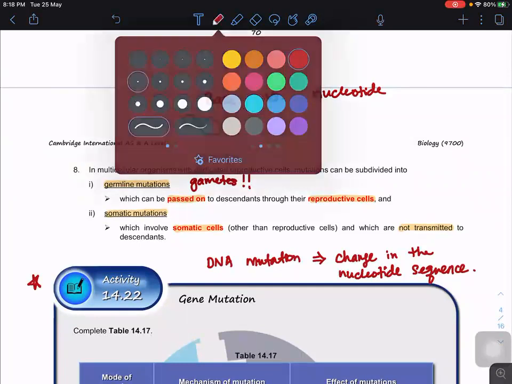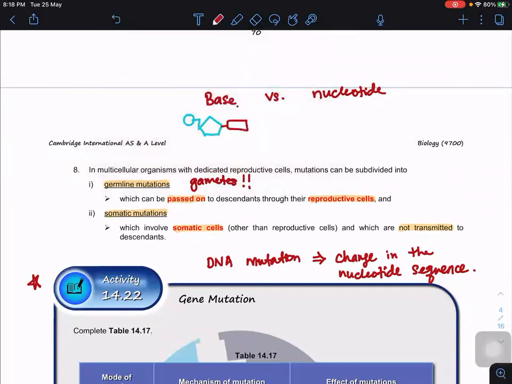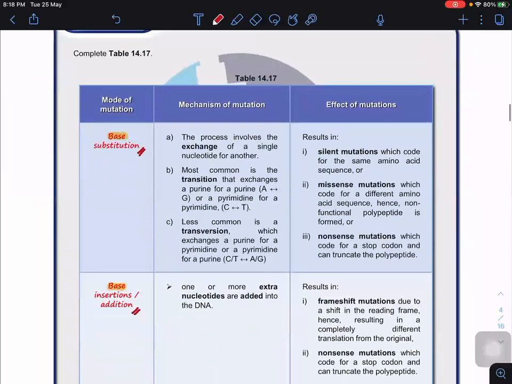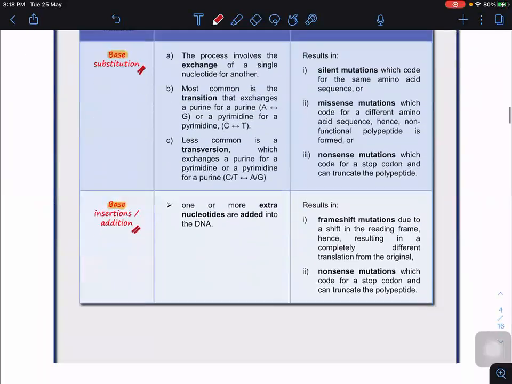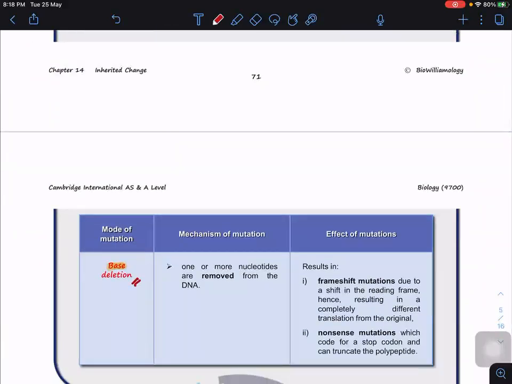So what is the base? Base is this. We don't alter the base only, but we alter the entire nucleotide. This is the nucleotide: the base together with the deoxyribose and the phosphate group. So we change the entire nucleotide, even though in the name we use the words base substitution, base insertion, and base deletion.